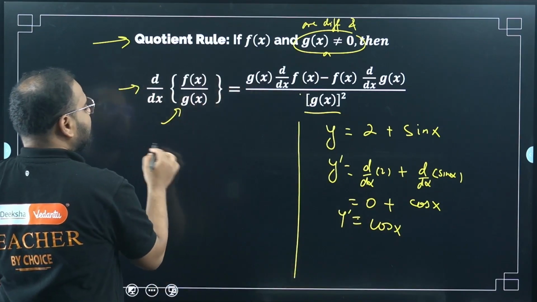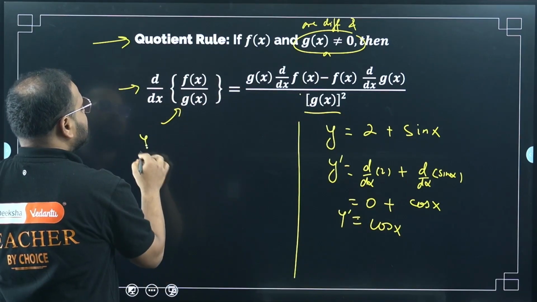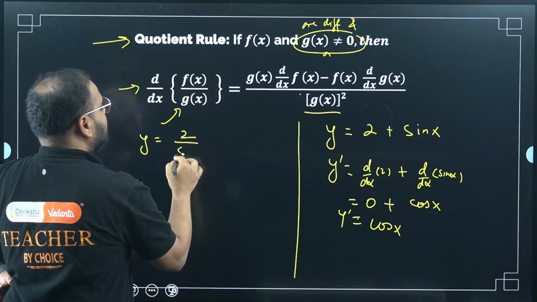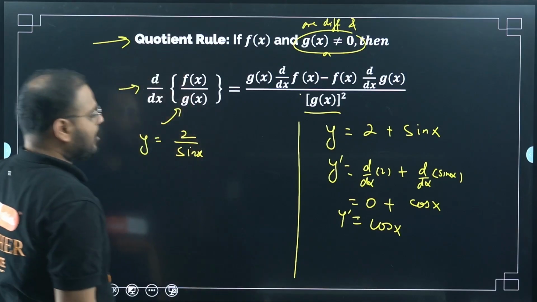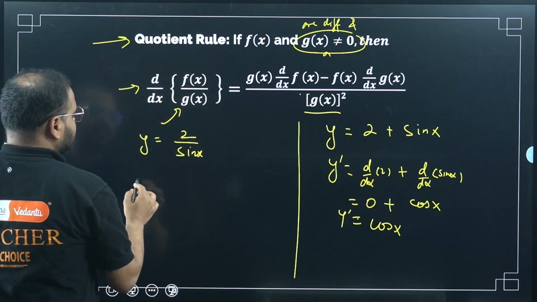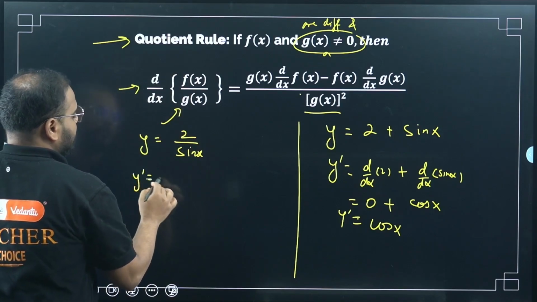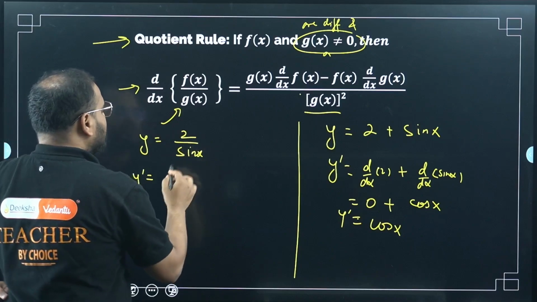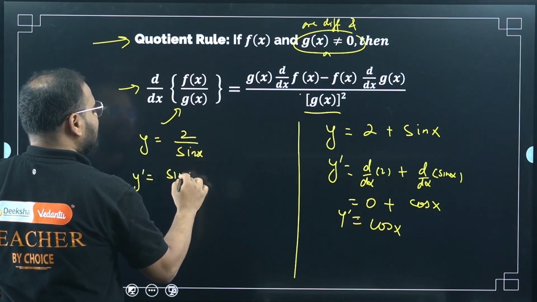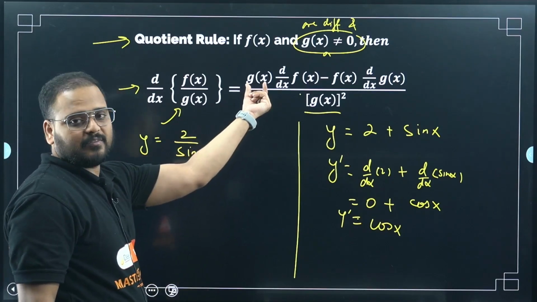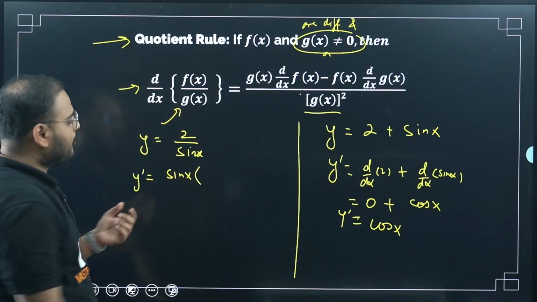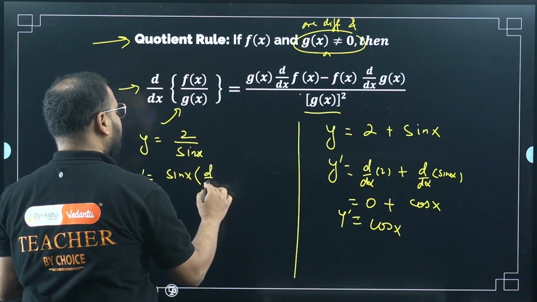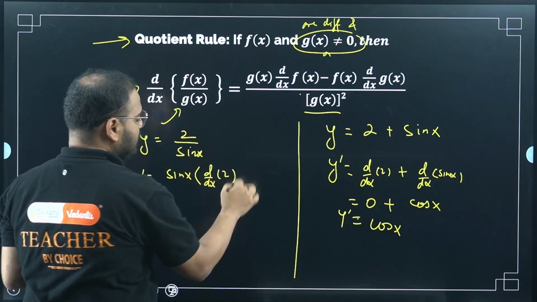What about this? If the y was given by 2 upon sin x, how will you do this using the quotient rule? Simply I can take y dash to be: I'll keep sin x as it is, because the function in the denominator is kept as it is, and then take the differentiation of 2.